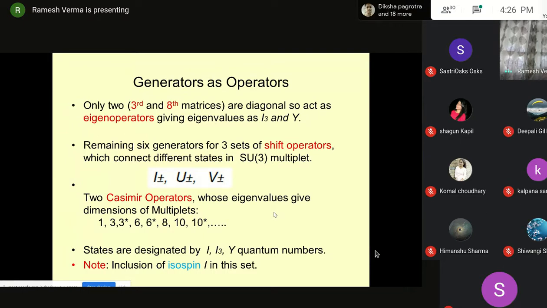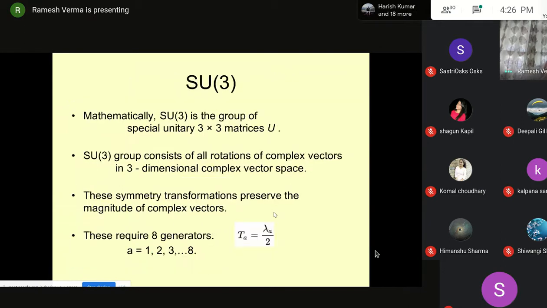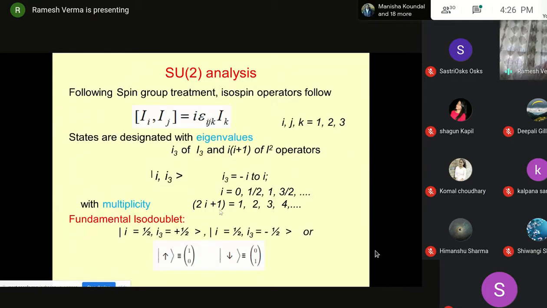And by the way, there is a contrast here. If you look at the SU2 multiplicity, here you have I value 0, half, 1, and 3 by 2. But you see that multiplicity is just the counting number, because 1 stayed with isospin 0, 2 with half, 3 with 1, 4 with 3 by 2.